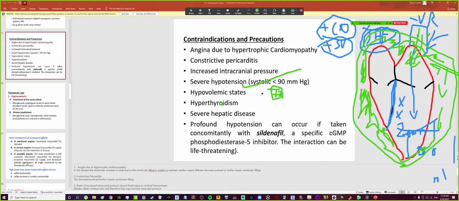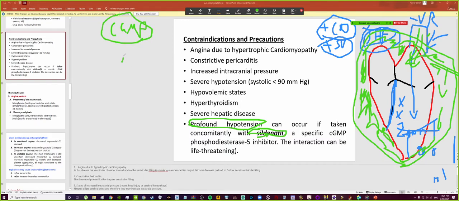And the last one, and that is the most important, is drug interaction with the Viagra drug known as sildenafil. The reason why you shouldn't give sildenafil is that it will cause prolonged, very life-threatening hypotension. Why? Remember when I said that nitrates synthesize cGMP in the smooth muscle? Well, the cGMP is going to be inhibited.